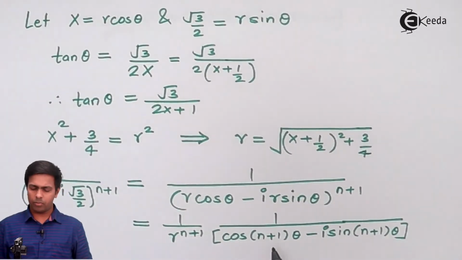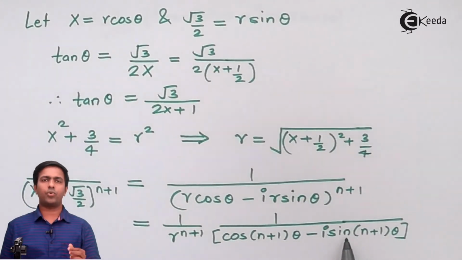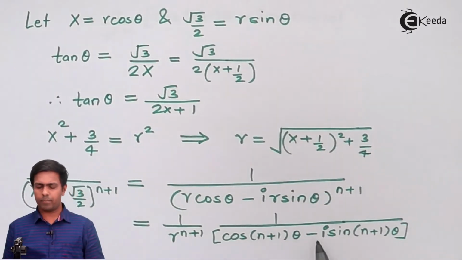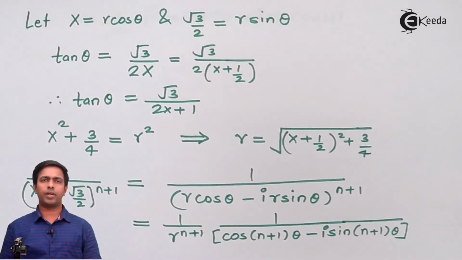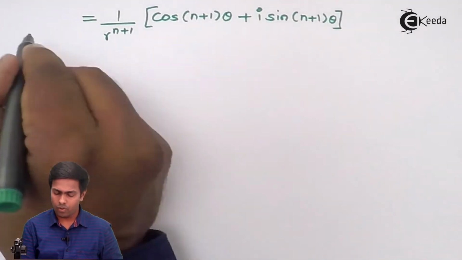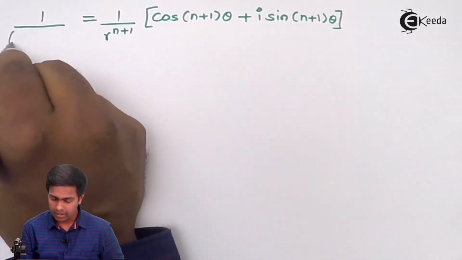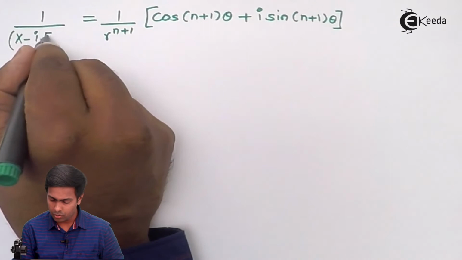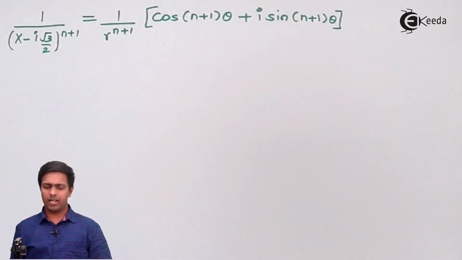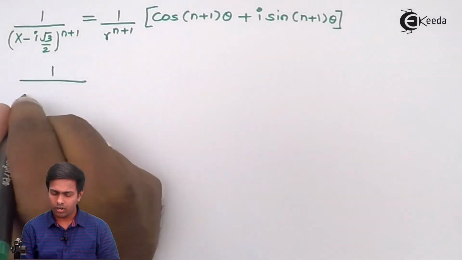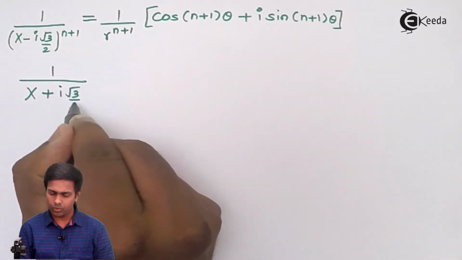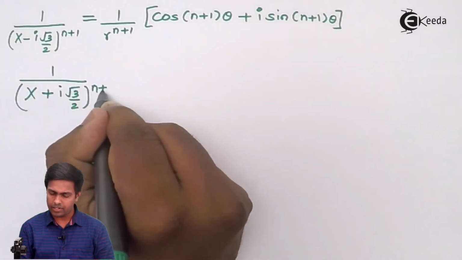So here I will get the form of a minus b into a plus b, which is a square minus b square, and that will become cos square plus sin square, which is 1. So in the denominator we will not get anything. So guys, this is the value of 1 upon capital X minus i root 3 by 2 raised to n plus 1. Now similarly, let's find the second value, which is 1 upon X plus i root 3 by 2 raised to n plus 1.